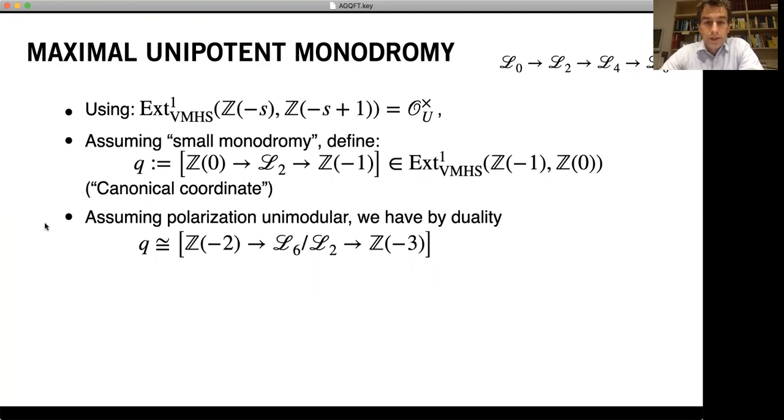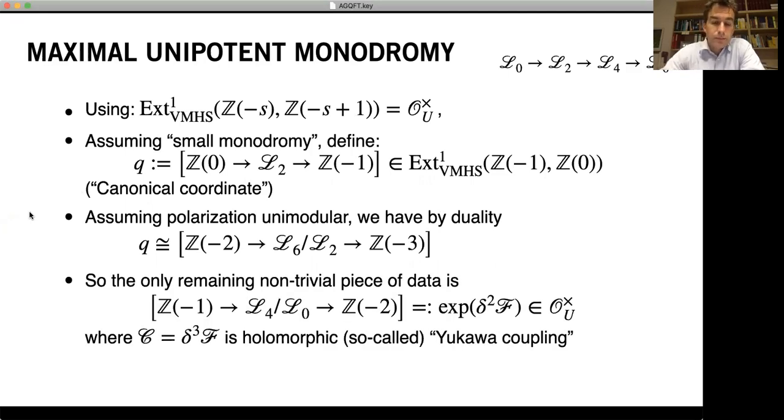using this polarization. Then there's only one arrow left, and that's the interesting one; well, the canonical coordinate is of course also interesting. This gives you the prepotential. The relation is that it's the exponential of the second derivative of the prepotential, or actually the first integral of the Yukawa coupling. This C here, I apologize for the poor quality of the slides.